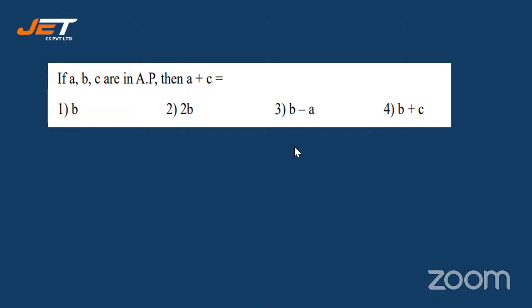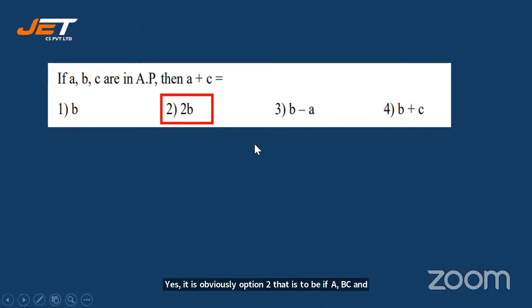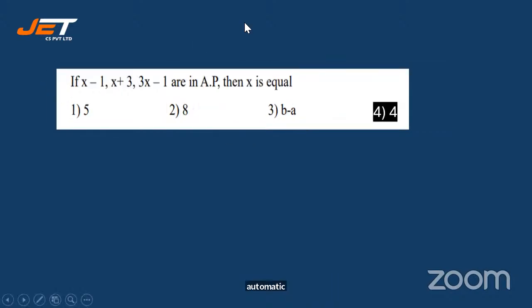Very good, so many of you are sending me the right answers. Yes, it is obviously option 2, that is 2B. If A, B, C are in arithmetic progression, then A plus C is equals to 2B. Let us move to the next question.